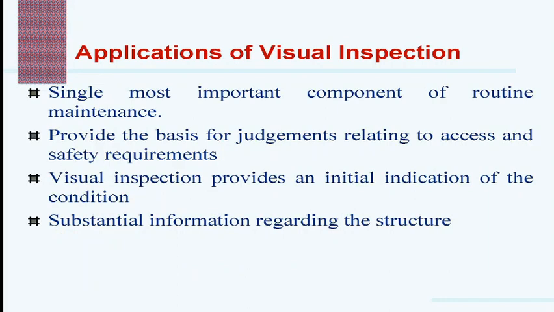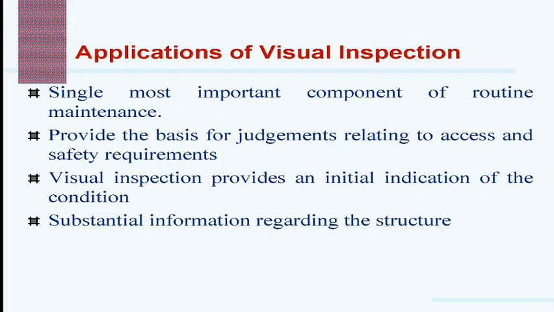For existing structures, the presence of features that require further investigation is generally indicated by visual inspection, and it must be considered the single most important component of routine maintenance. It is very useful in providing the basis for judgment related to assessment and safety requirements when selecting test methods and test locations. A visual inspection provides an initial indication of the condition of the concrete, allowing the formulation of a subsequent testing program.